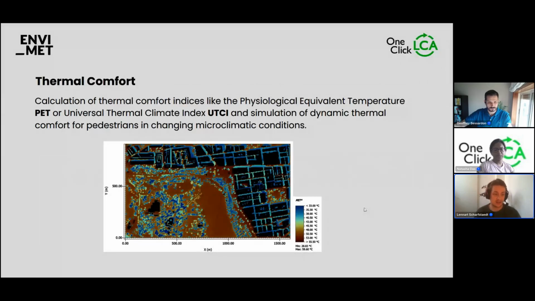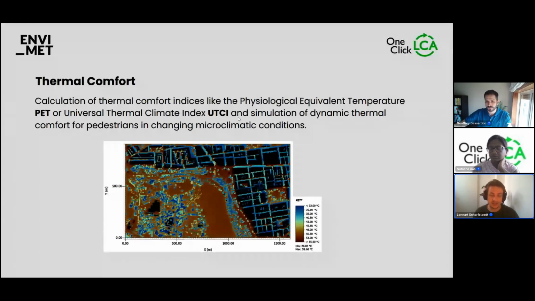And when we look at thermal comfort of people, we don't only look at the air temperature, which is often used to assess how hot it is in a day. But we take into account way more than this. And this is why ENVI-met enables you to calculate these thermal comfort indices.